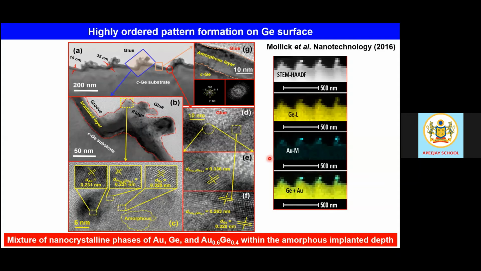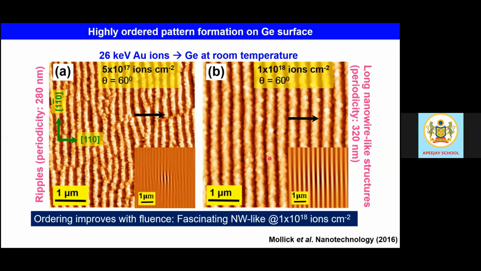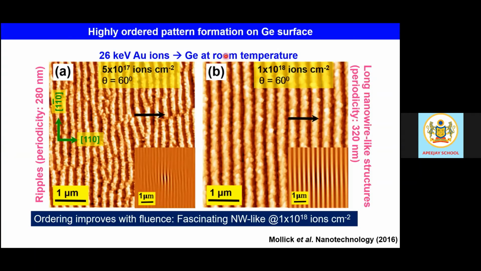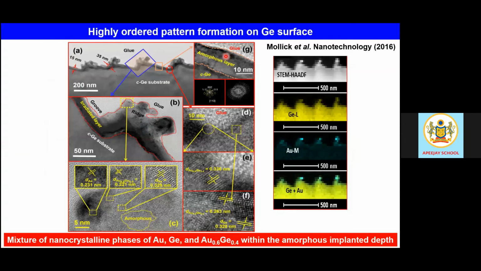So what we expected is that the implanted gold atoms may act as the second component to give rise to highly ordered patterns. That helps to alter the near surface composition, which is another key factor in this higher energetic regime to observe such wonderful ordered patterns.